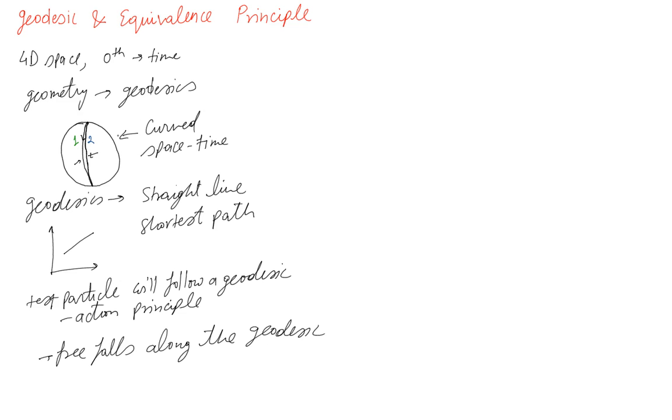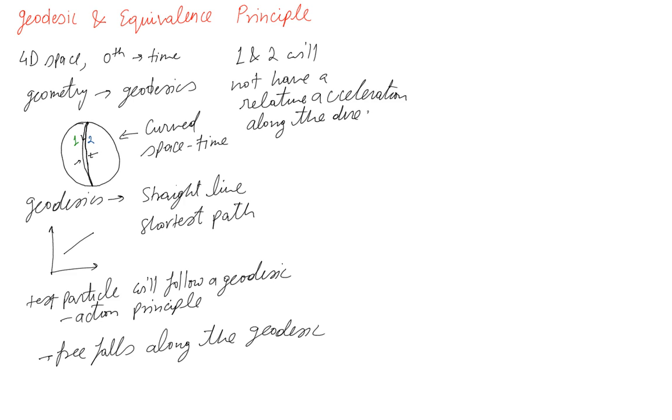Now these two test mass particles, when you let them free fall, and these geodesics are very close to each other, according to the equivalence principle, 1 and 2 will not have a relative acceleration along the direction of motion, which means all the time they will see each other side by side.